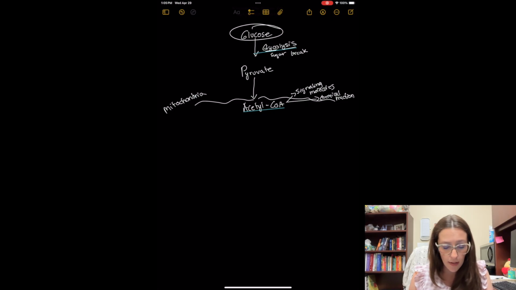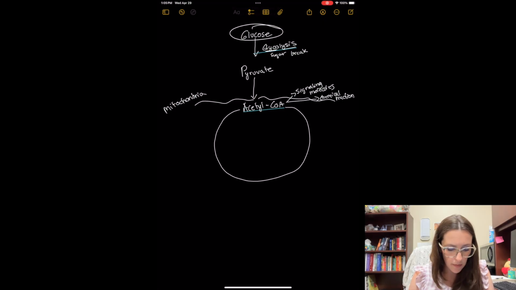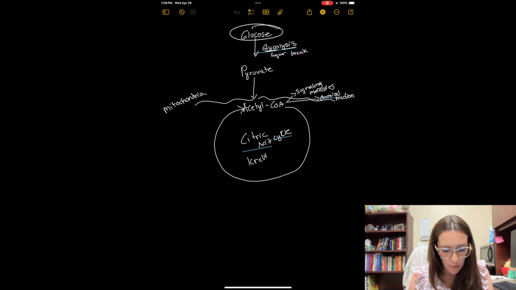Then acetyl-CoA is going to be used in this cyclic fashion called the citric acid cycle, or the Krebs cycle, named after Dr. Krebs. In the Krebs cycle, we're not going to go through this today, but there are many, many stages, and each of those stages allows us to use those metabolites for other things.